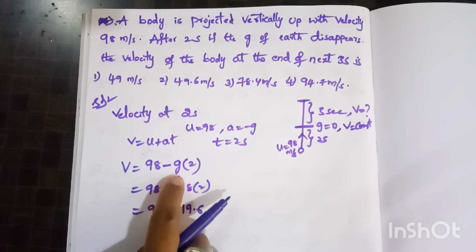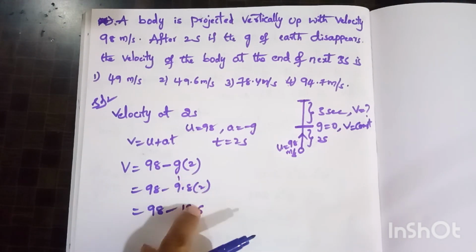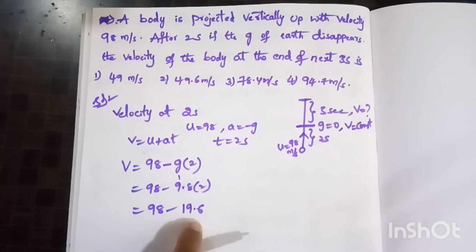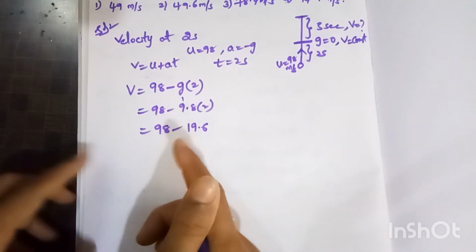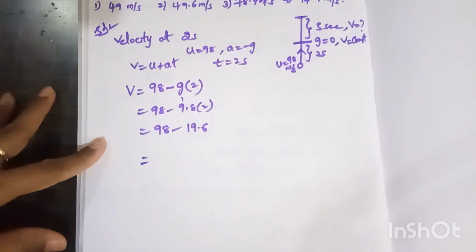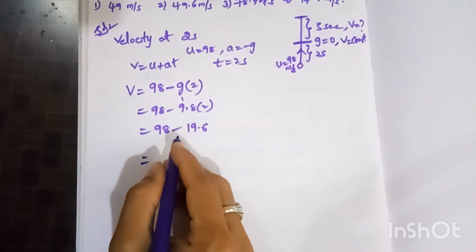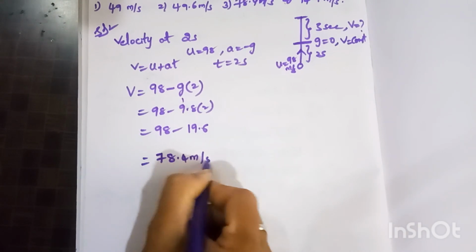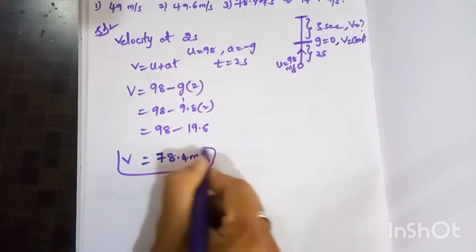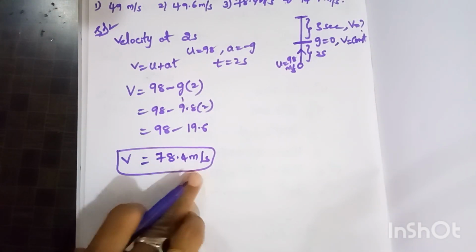So 98 minus g value, 9.8, into 2. 9.8 into 2 is 19.6. 98 minus 19.6 gives 78.4 meter per second. So the value of v is 78.4 meter per second.